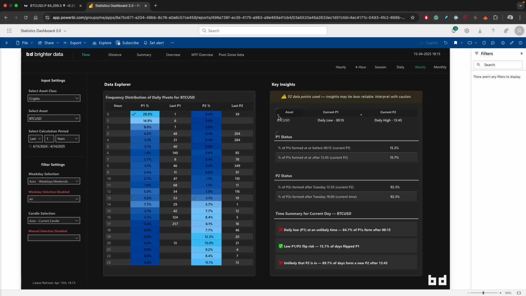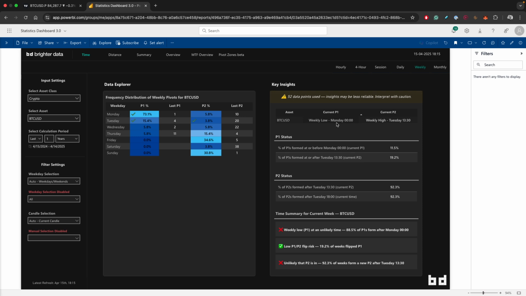So on the weekly, we have the weekly P1 on Monday 0000, right at midnight, and we can see that that's an unlikely time as well, because almost 90% of P1s form after Monday midnight. Before this, we knew that Mondays were going to put in a P1 or a P2.